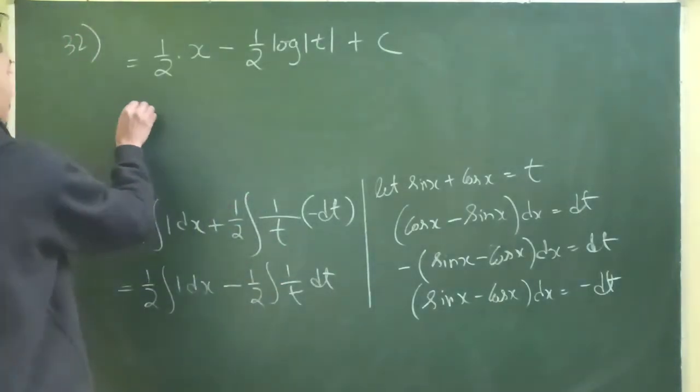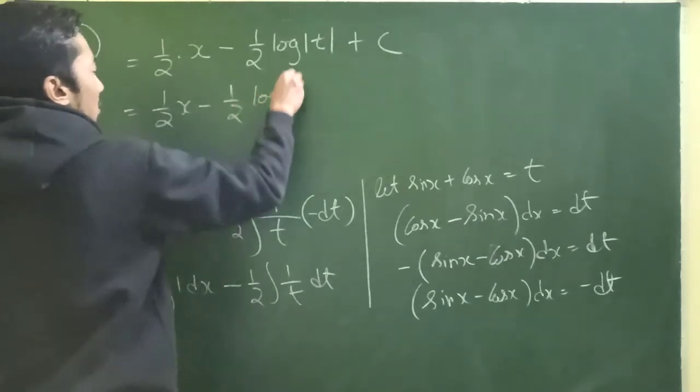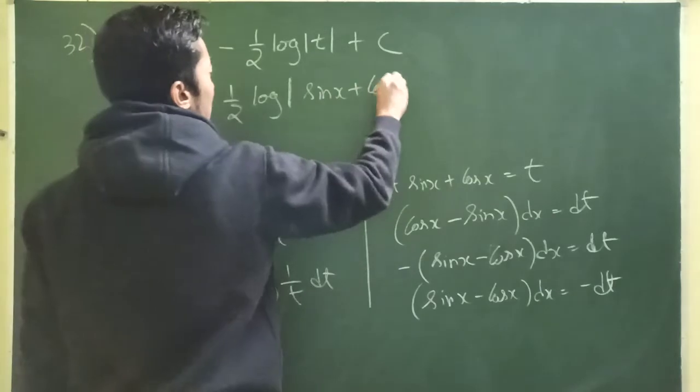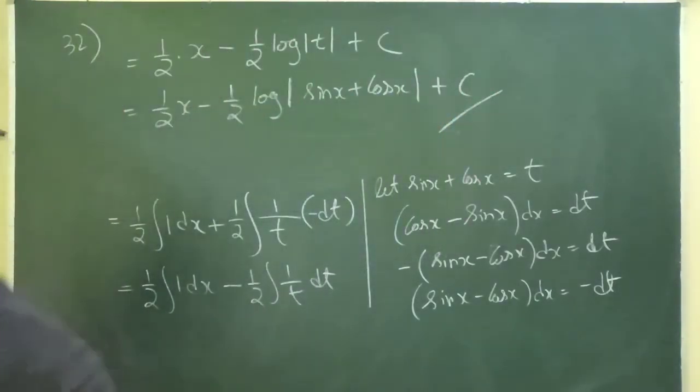So 1 by 2 x minus 1 by 2 log of, what was the substitution? Sin x plus cos x plus c. I think that should do. Of course we can take 1 by 2 common, x minus log of sin x plus cos x, but what's the point there? It's all the same.